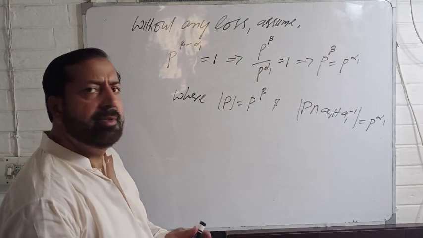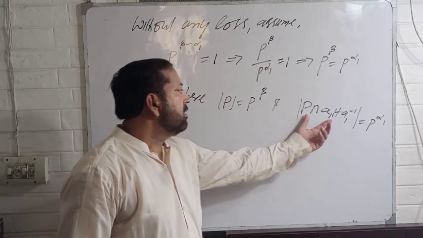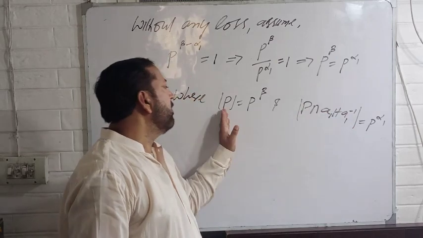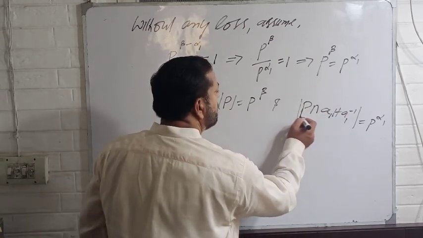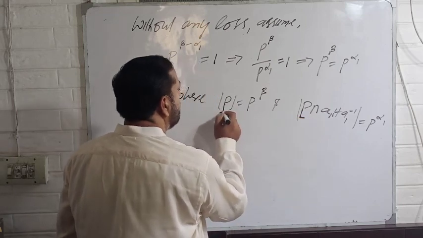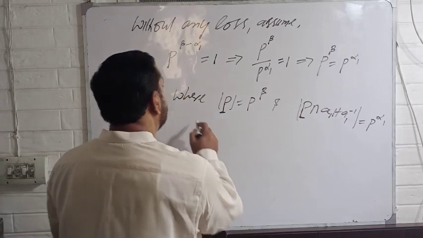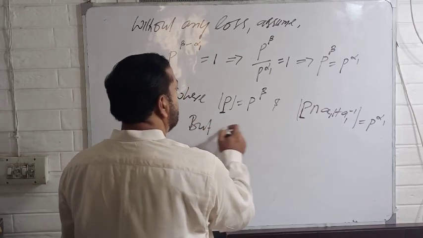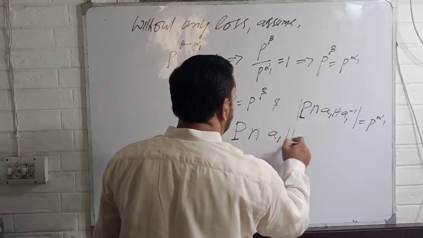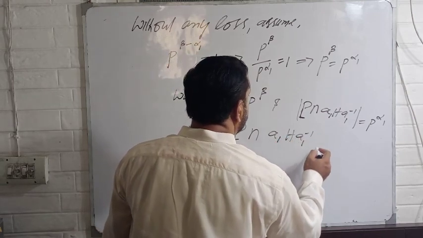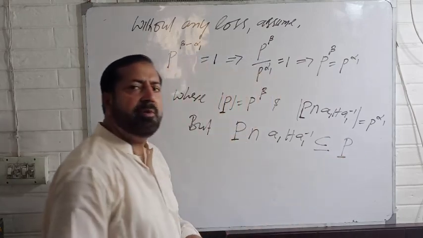Now look at this. The order of P is P power beta, and this is a subgroup of capital P, where capital P is a P subgroup and this P is a prime number. But P intersection A1 H A1 inverse is a subset of P. Now again we are using the same logic.